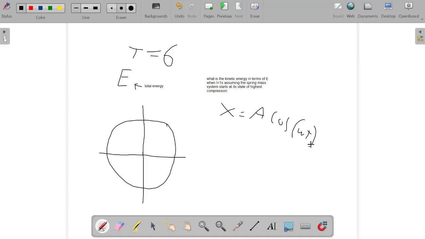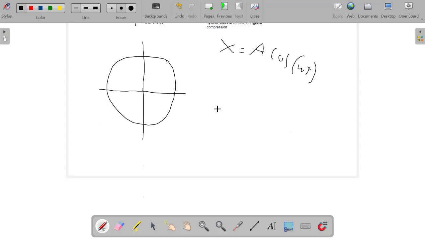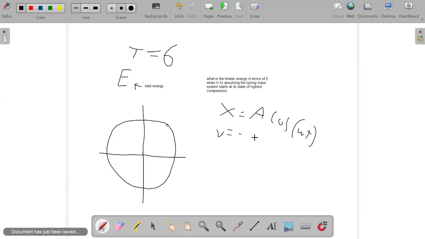That's something that we can use. And that also means that v is equal to minus a omega sine omega t.